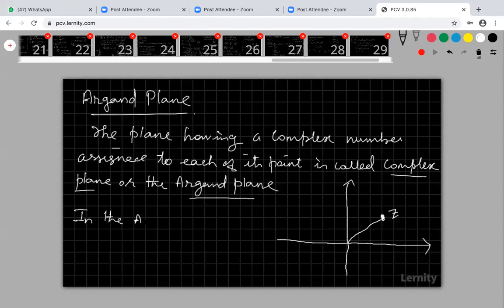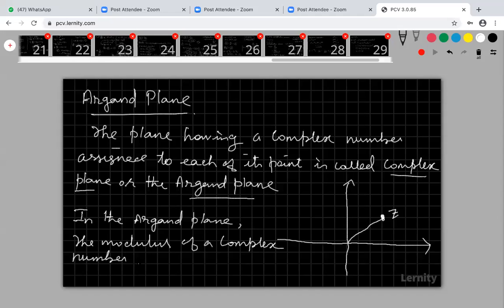In the Argand plane, the modulus of the complex number x plus iy is defined as root over x square plus y square.